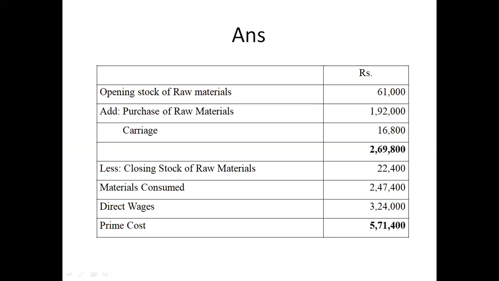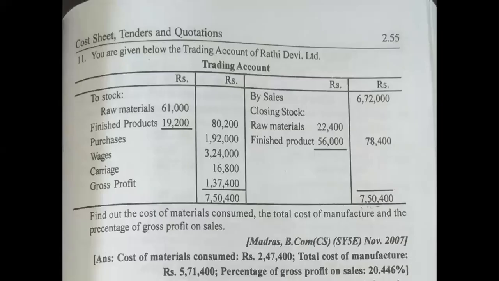There is no more cost with this particular product, so we can assume that the prime cost is the cost of manufacture, 5,71,400. It is arrived that the total cost of manufacture is rupees 5,71,400. How are we getting the answer? 2,47,400 plus 3,24,000; putting these two amounts together, the amount is 5,71,400.